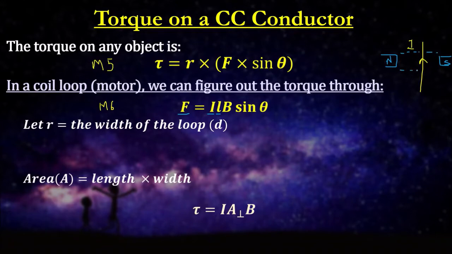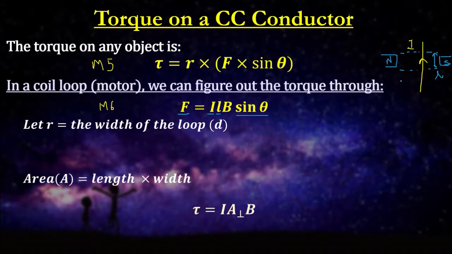So if I want to work out what the length is, this section here is the length that is exposed. Horrible looking L there, I do apologize, but that's the length exposed in our magnetic field.